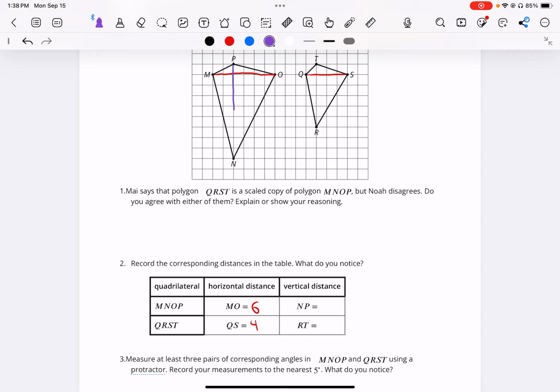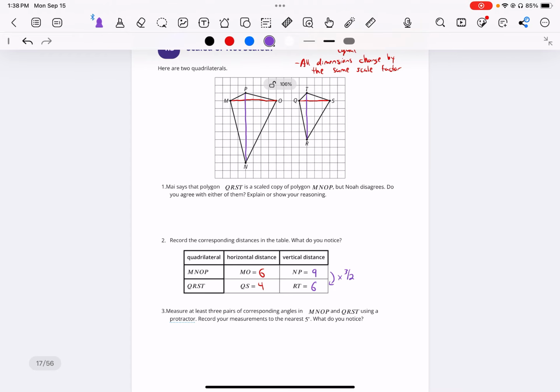Then I can use the height, which is NP, which is 9, which corresponds to TR, which is 6. So I notice that this scale factor is being multiplied again by 1.5 or 3/2. So the dimensions are changing by the same scale factor.